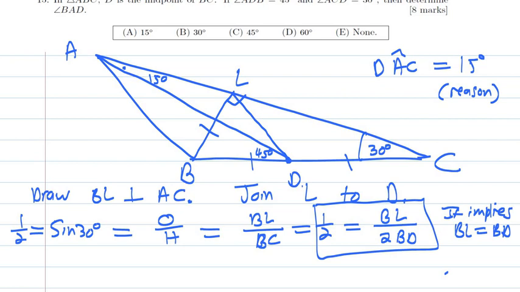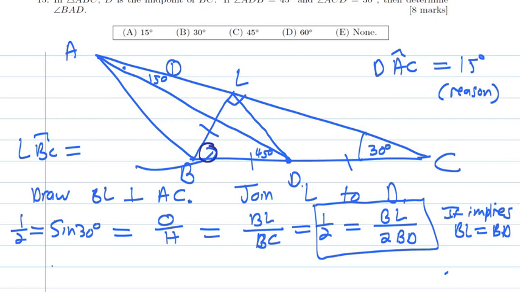All right. But now let's think a little bit more. This angle is 30 degrees. So what is the size of angle LBC? You remember BL is perpendicular to AC.